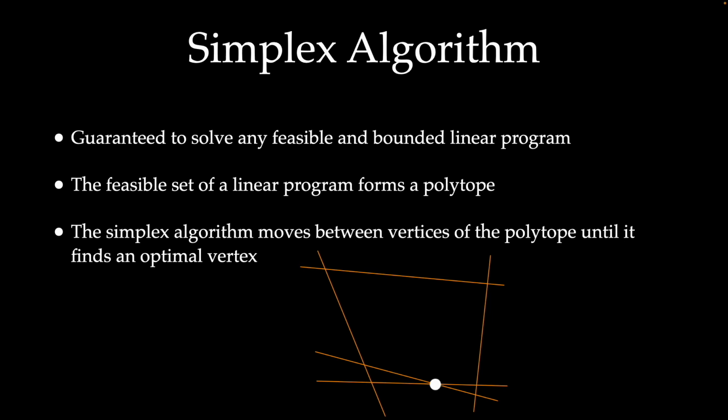The way it does this is by essentially moving between the vertices in our feasible set until it finds an optimal vertex. At each new vertex, it's going to check the first order necessary conditions. If it satisfies the first order necessary conditions, then we know that it is an optimal point, as we've seen before. If it doesn't, then we're going to transition to a new vertex. How we do that transition is going to be the focus of this part.